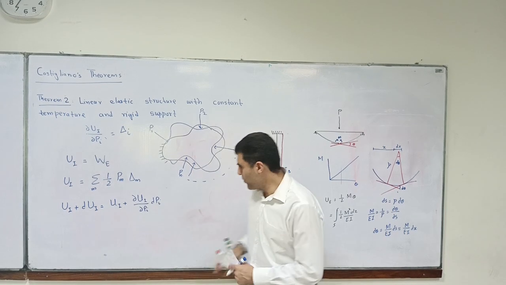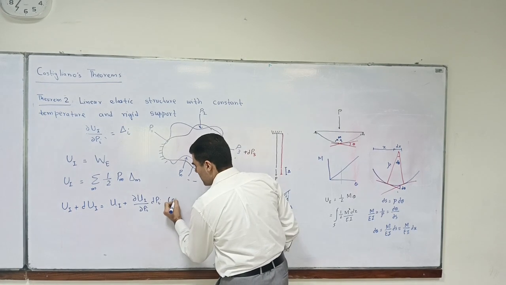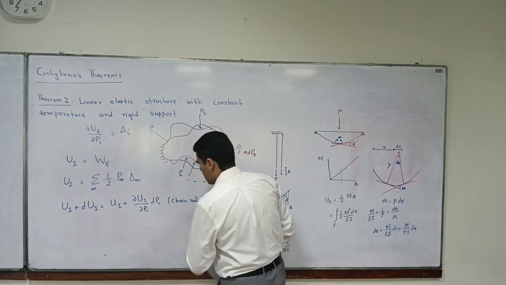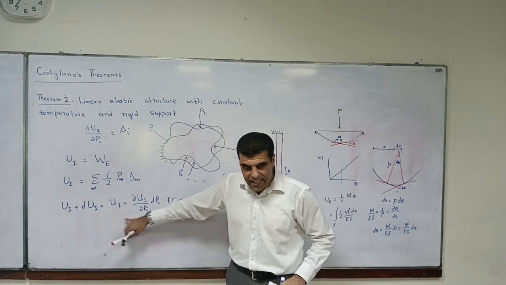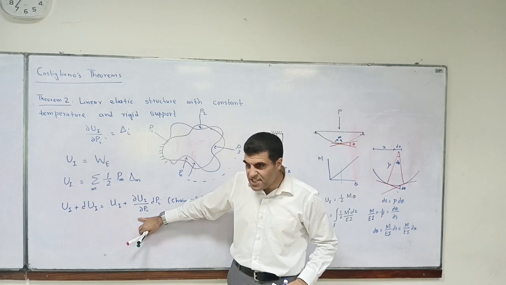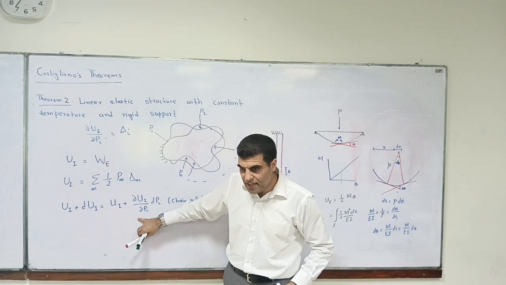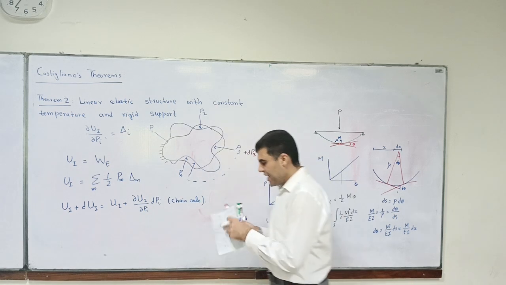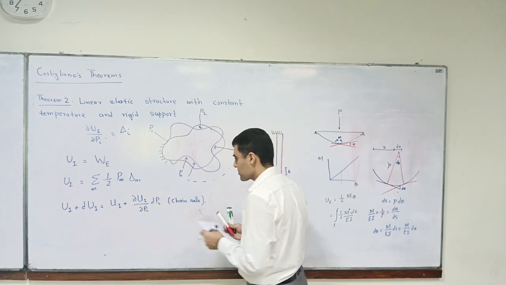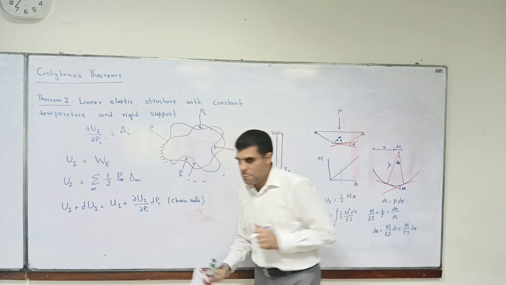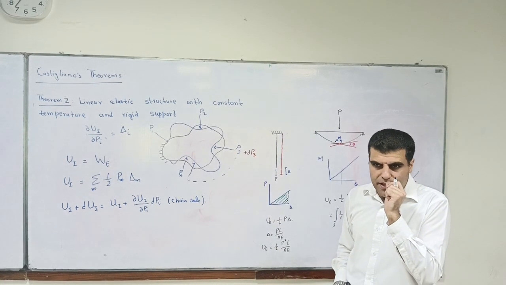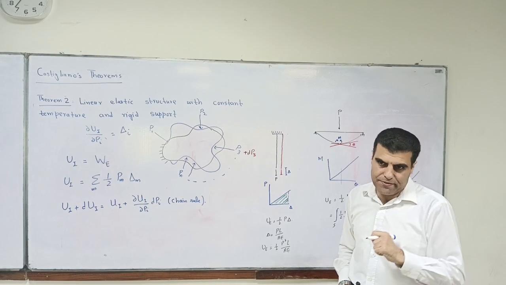Can I write that using chain rule? Agreed? Okay, this we have done. You guys have done, yeah? So that is our internal energy. Now we say that the system is conservative.